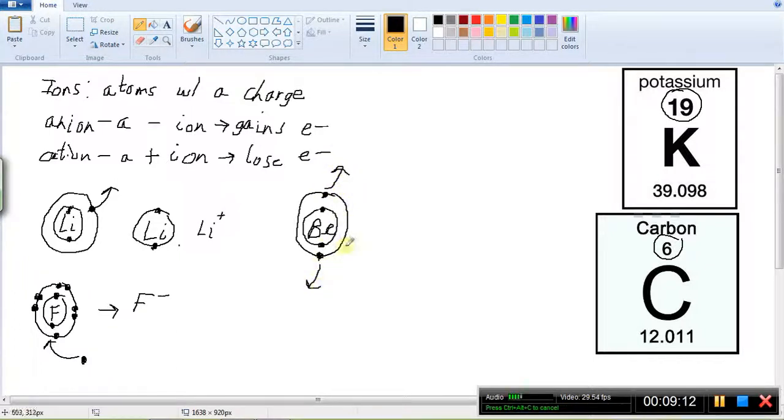So we lose these 2 electrons, and now we just have Be, and now we just have these 2 left over. So it's happy. It has a full outer shell now. Remember, the most inner shell only holds 2, so it's really happy now. And then we lost 2 electrons though. So we'd write that as Be 2 plus, because it has 2 more protons than it does electrons now.